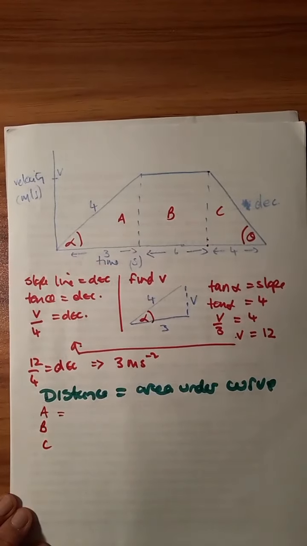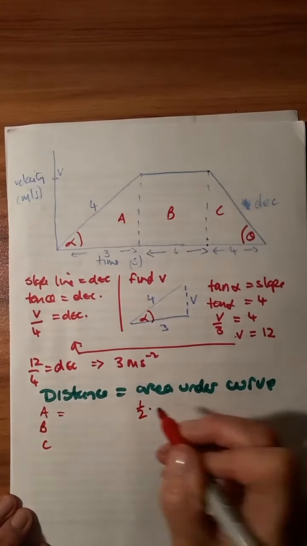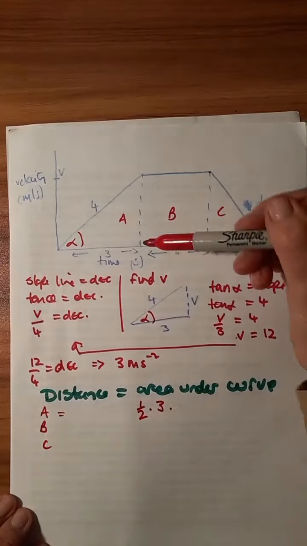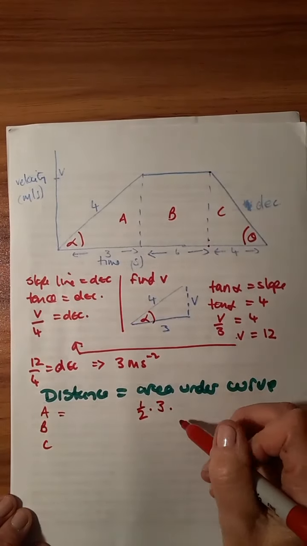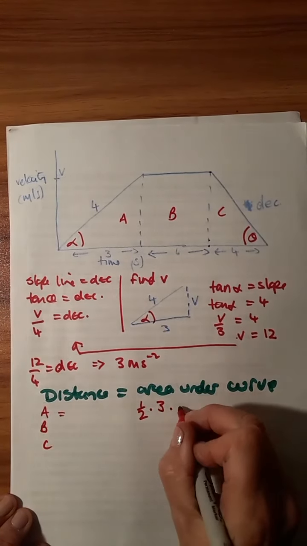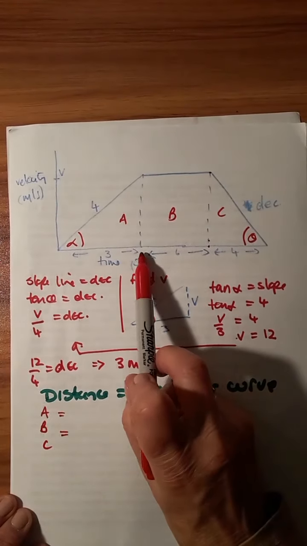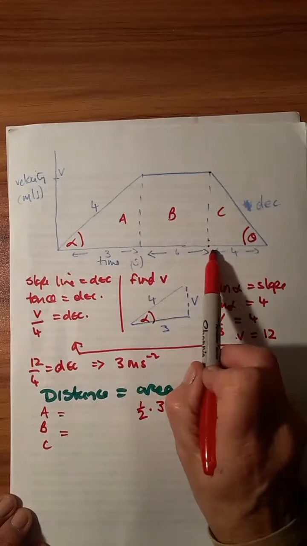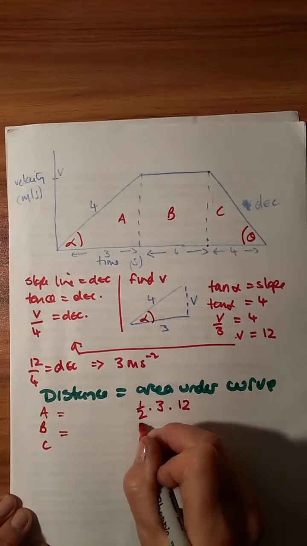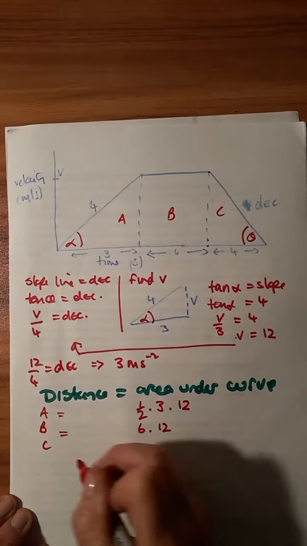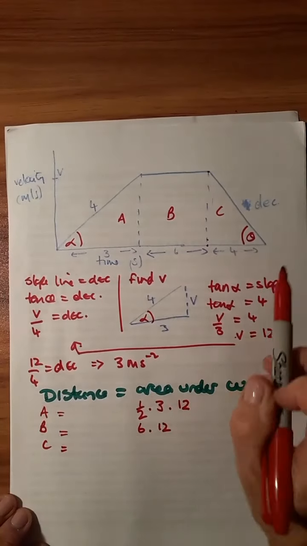A is a triangle. It's half the base, which is 3, by the perpendicular height, which is V. And I know what V is now, V is 12. B is a rectangle, so it's length by breadth, which is 6 by V. And 6 by V, of course, is 6 by 12. And C again is a triangle.